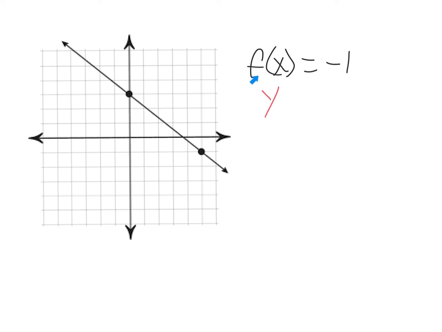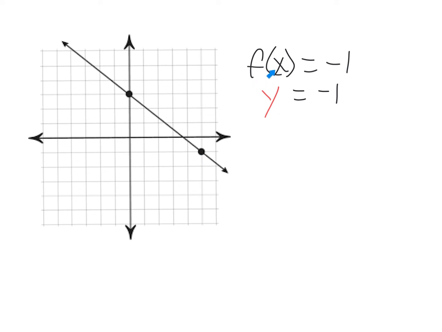So this f of x is the output, like how much it's going to cost in total based on how many t-shirts you buy, as in that first example I showed you. Well, in this example, it's telling you that f of x, or the y, equals -1. Well, if y equals -1, then you look at -1 on the y-axis, you go over, and it's right here. Well, that's when x is 5.